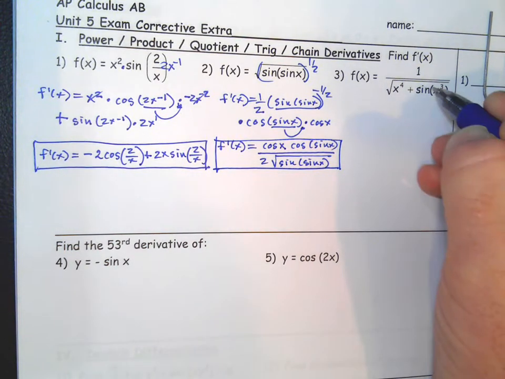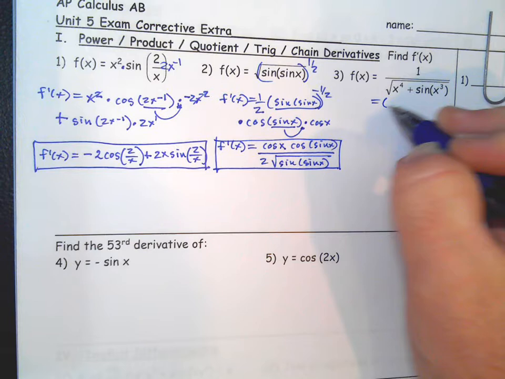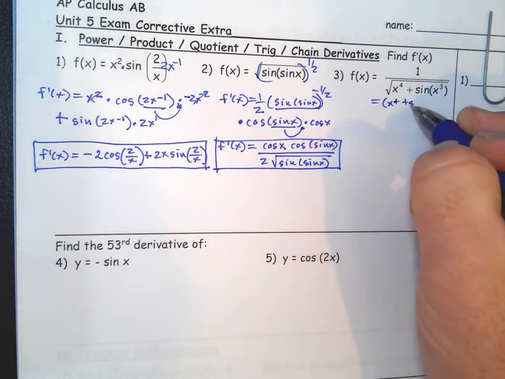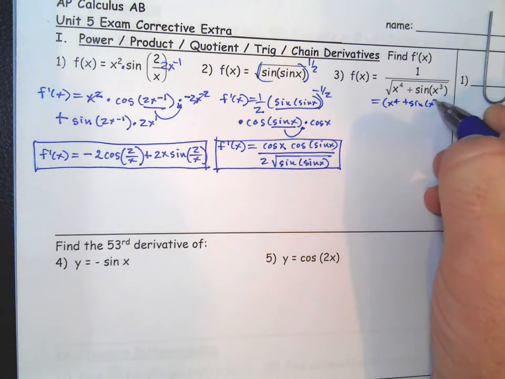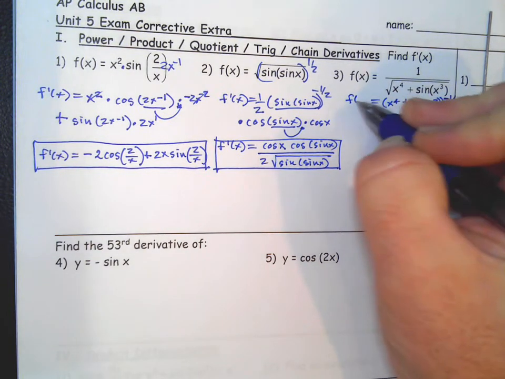Okay. This one I think would be easier to do like this, to the negative 1/2, and not do quotient rule.